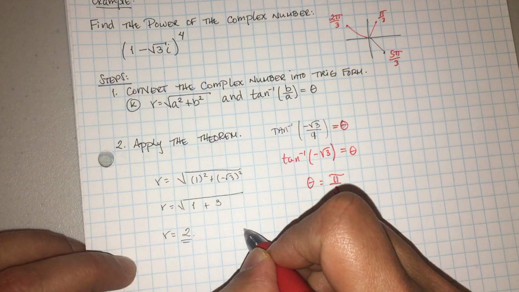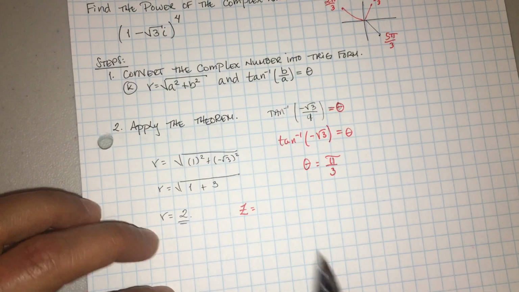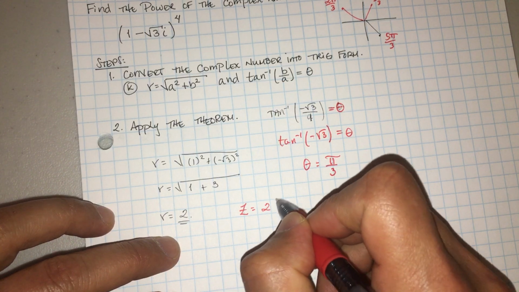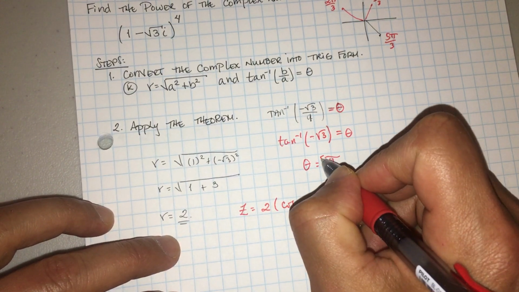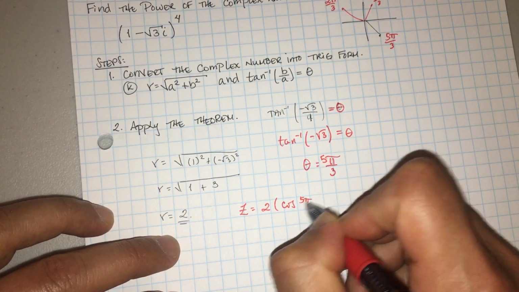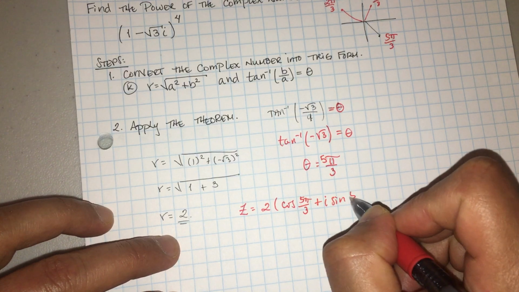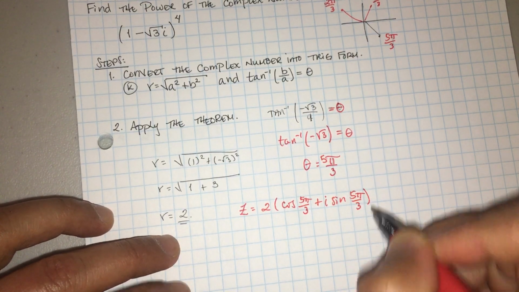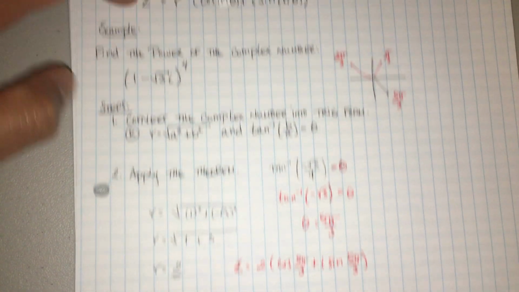Now that I have that, I can write my complex number in trig form: 2 times cosine of 5 pi over 3 plus i sine of 5 pi over 3. Now I can go ahead and raise it. What's the power they want me to use?